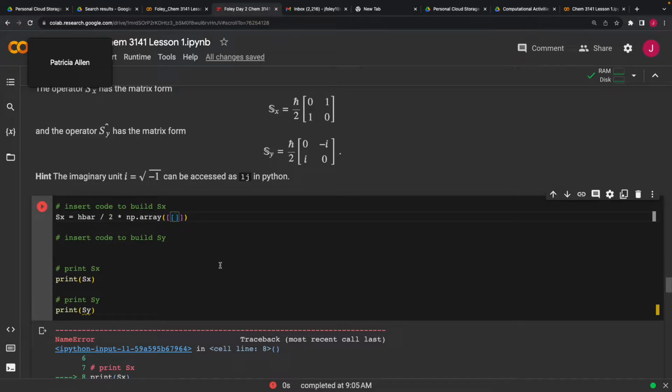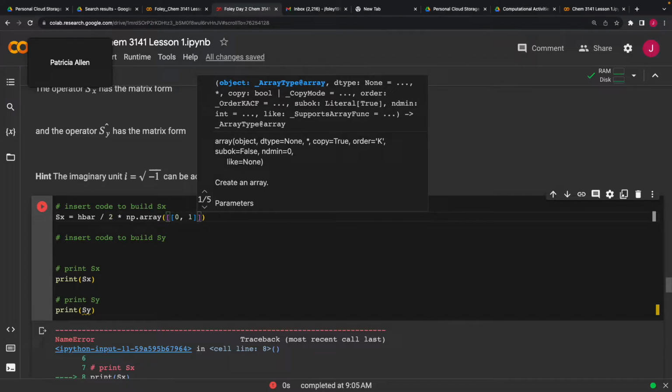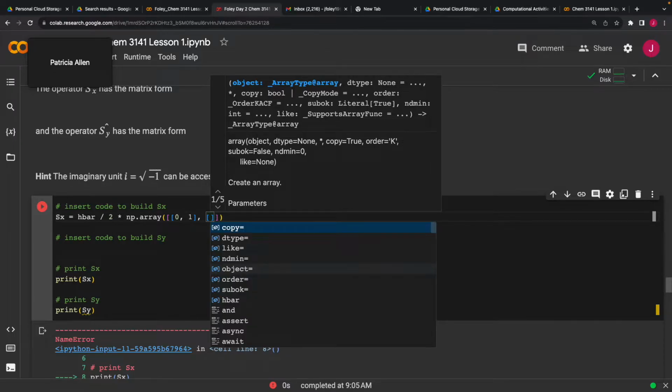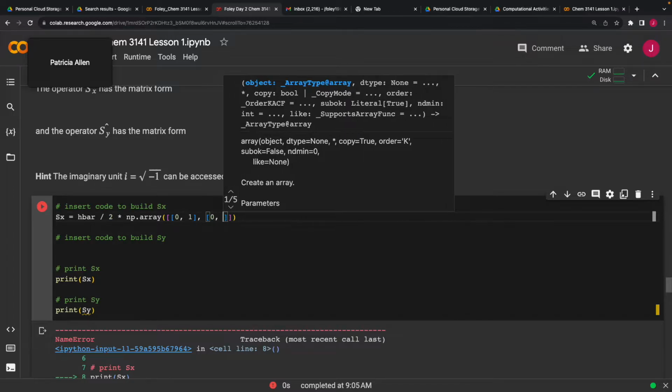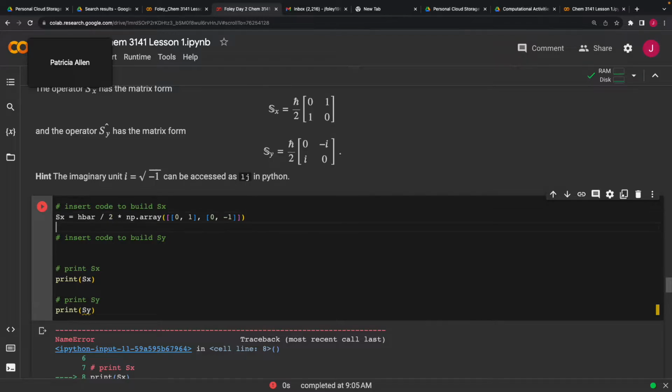So I will write for row 1, 0, comma, space 1. That space is not necessary. I just like to have a little space. And then outside of that, first close brackets, I'm going to put a comma to start the next row. Then I'll open brackets again for that new row, 0, comma, minus 1. Close brackets, close brackets. Oh, that's not right.